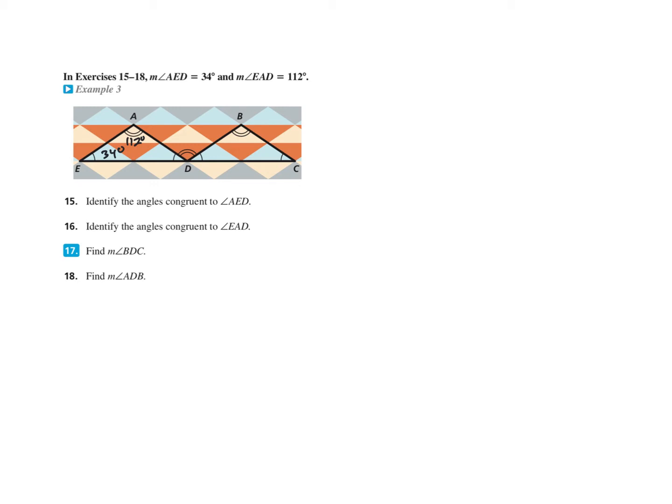So congruent means they're the same. So this has a single hash mark on AED. So everything that has a single hash mark is considered to be congruent. So angle ADE and angle BDC and angle BCD. So make sure you have your vertex letters in the middle.